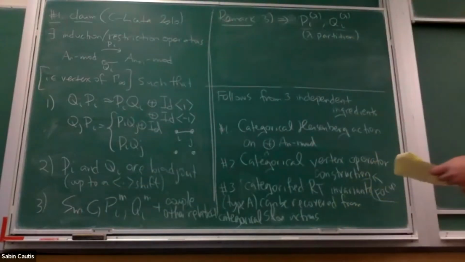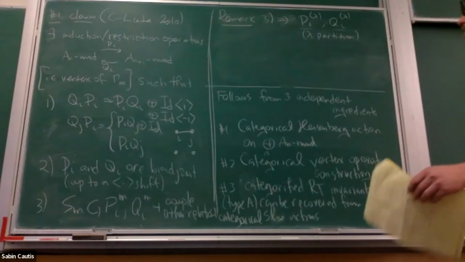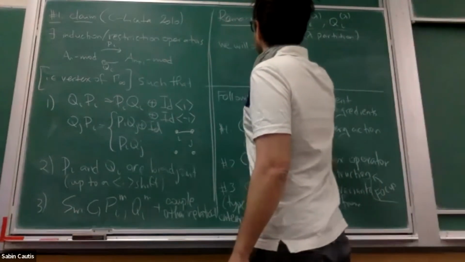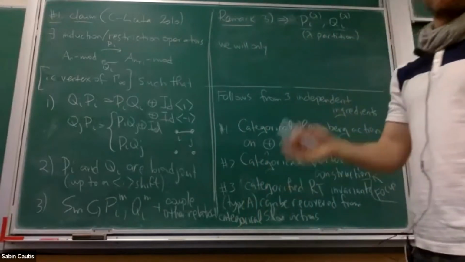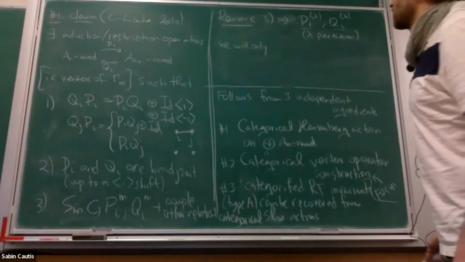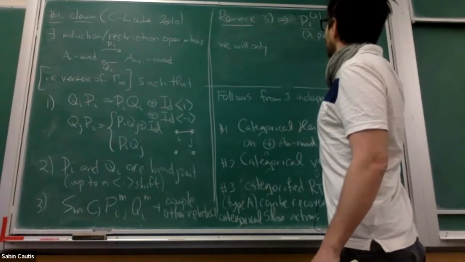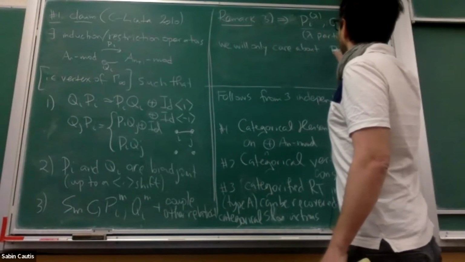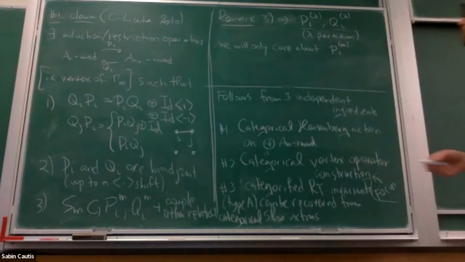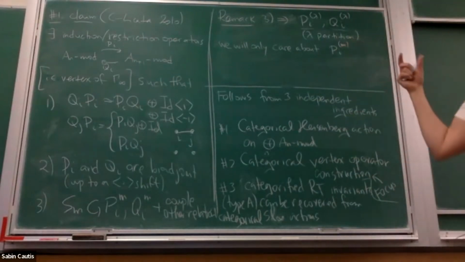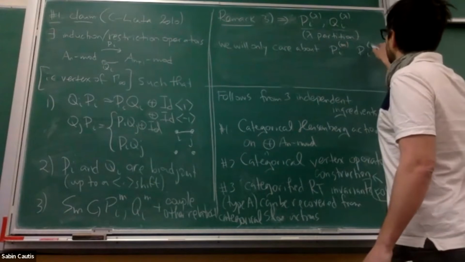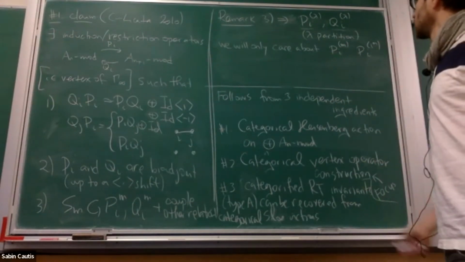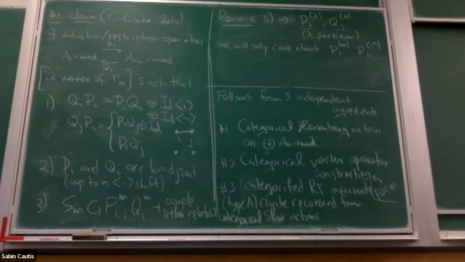So from these operators in this action, you get a slew of newish operators, pi lambda, and we won't care very much about them, except that for the superficial aspects of this talk, we only care about pi m, the one corresponding to the one-piece partition, and pi 1 to the m, the transpose of it, the one corresponding to as many pieces as possible.